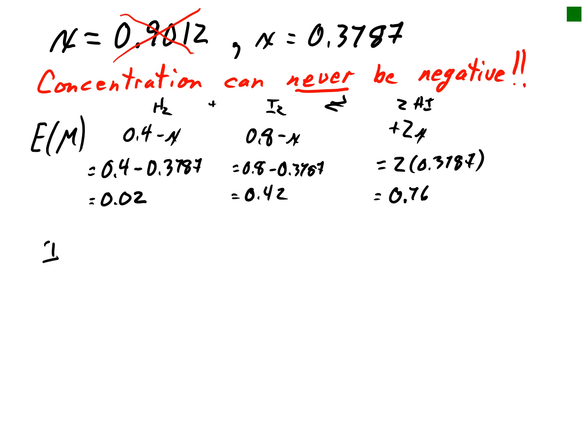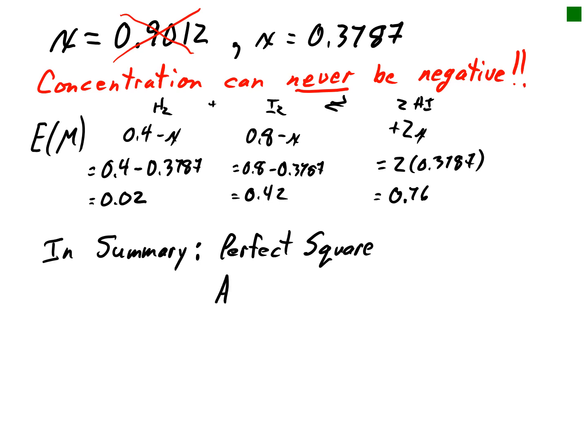In summary, we have perfect square, we have assumption, and we have the quadratic formula.